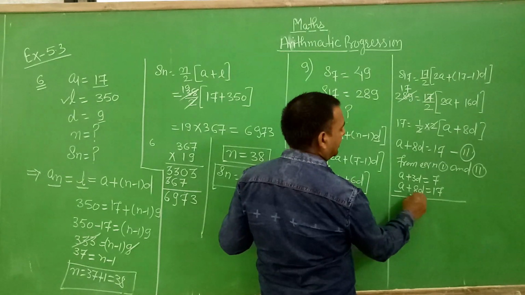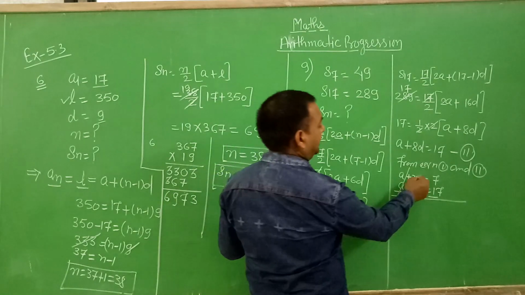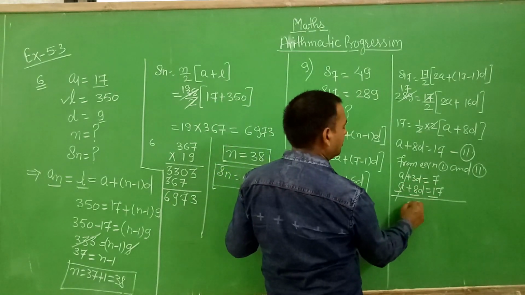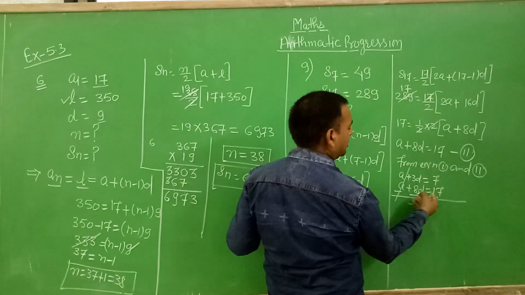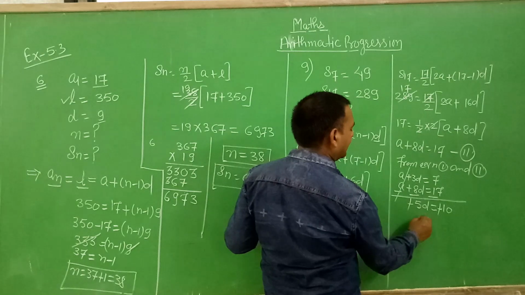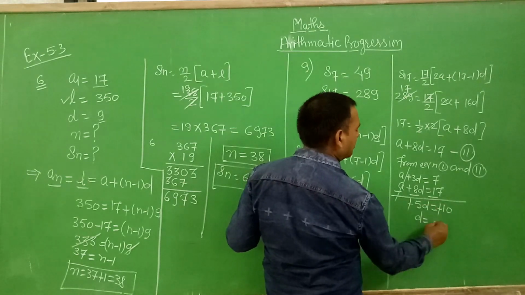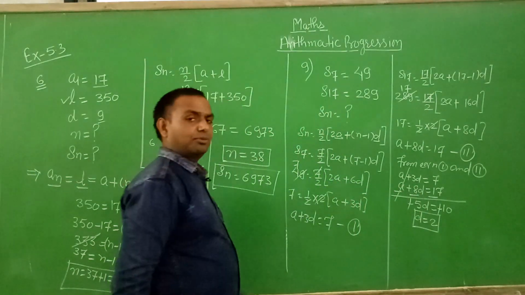After subtraction, the sign will be changed. a is cancelled by a, 3d positive, 8d negative, so this is minus 5d. Here 7 is positive, 17 is negative, so this is minus 10. Minus is cancelled by minus. d is equal to 10 by 5, 5 2s are 10. So d is equal to 2. The value of d is equal to 2.